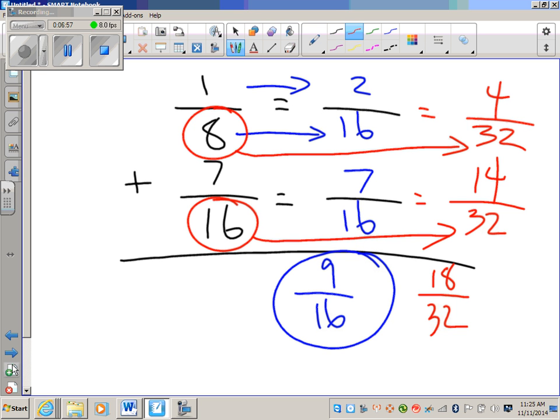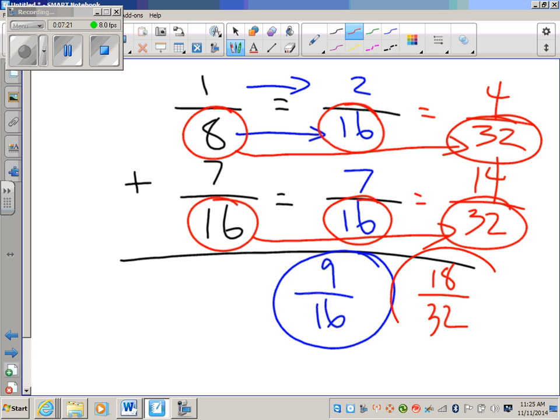So, as long as they have a common multiple and you do everything else correctly, you should be able to get the right answer. However, if you don't pick the smallest or least common denominator that they have, which in this case was 16, if you pick something else, you will always have to simplify at the end.